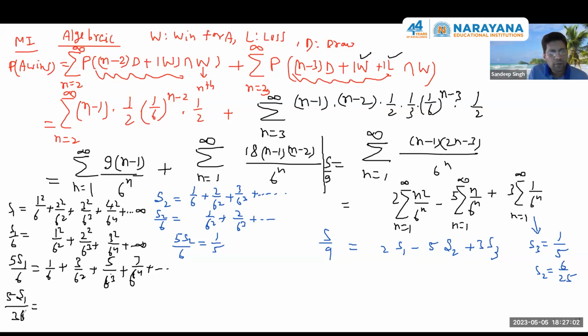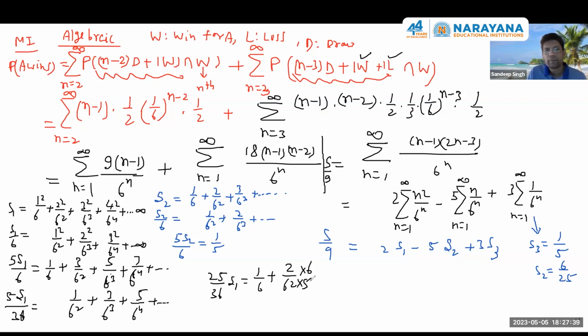So 1/6, this will be 5/36, और 1/6 स्क्वायर होगा, 3/6 क्यूब होगा, 5/6 4 होगा. अगेन टेक द डिफरेंस. तो अगर आप इसका फिर से डिफरेंस लेते हैं तो ये हो जाएगा 25/36. एम आई करेक्ट ऑन दी LHS? और ये हो जाएगा 1/6 और 2/6 स्क्वायर, 2/6 क्यूब, 2/6 पावर 4, 2/6 स्क्वायर कॉमन ले लो, 1/1 माइनस, तो 5/6 आ जाएगा.